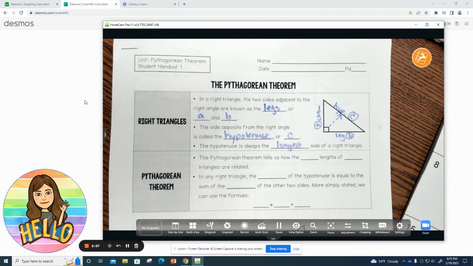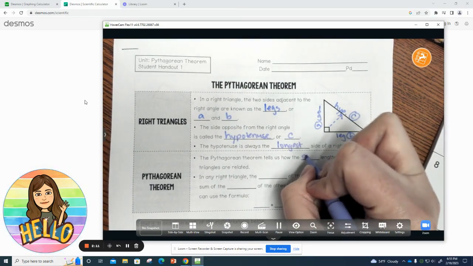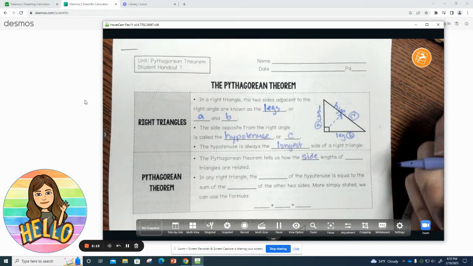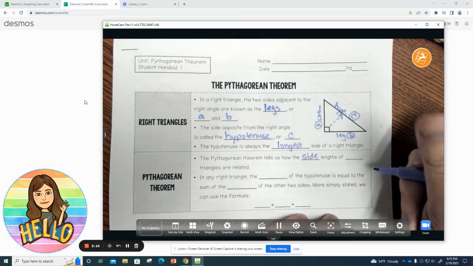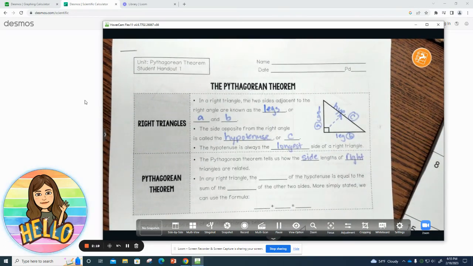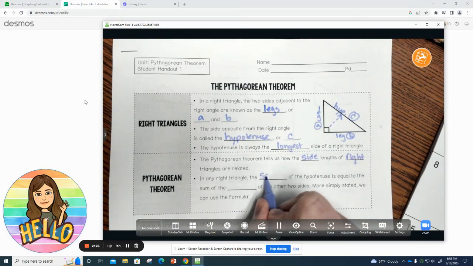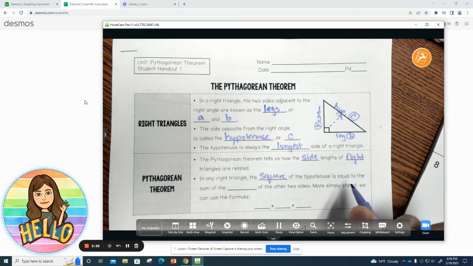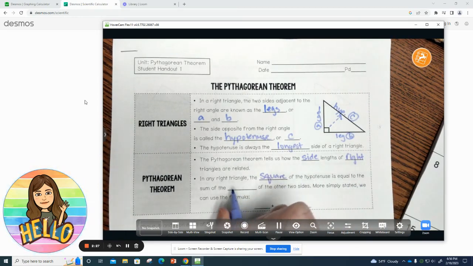Now, the Pythagorean theorem tells us how the side lengths of right triangles are related. In any right triangle, the square of the hypotenuse is equal to the sum of the squares of the other two sides.